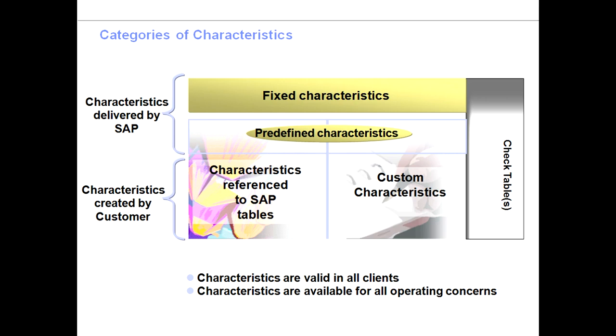Okay, there is a third category of characteristics. What are those? Those are the ones which get created by the customer.